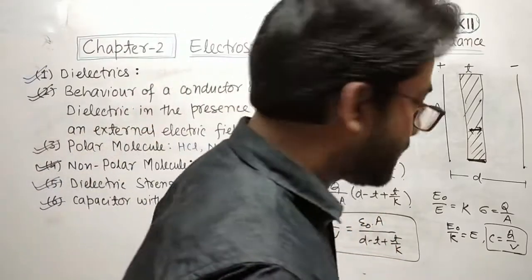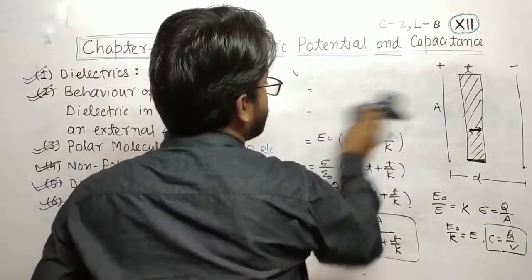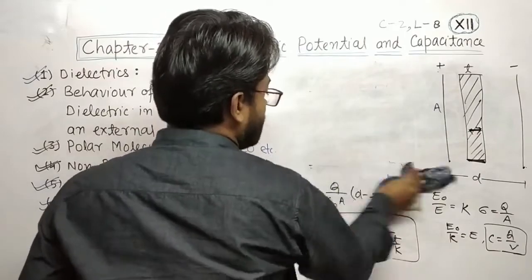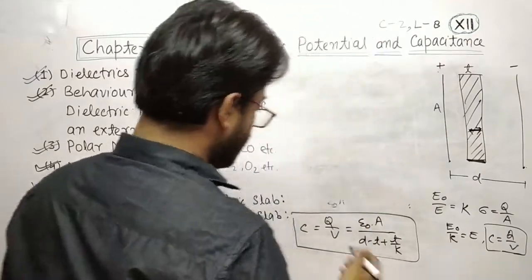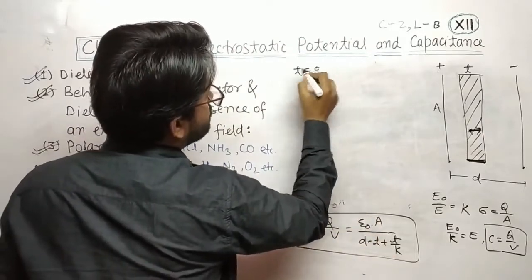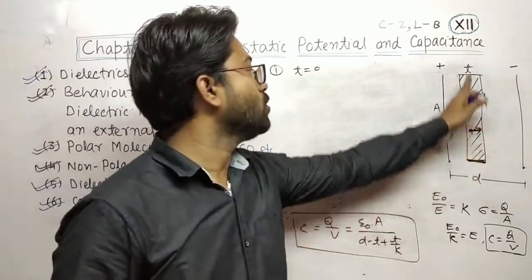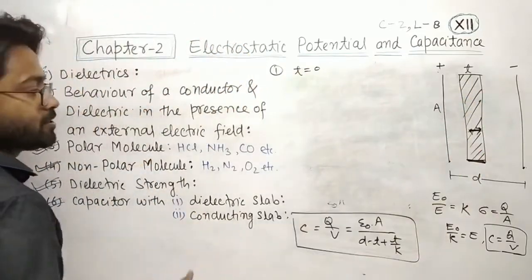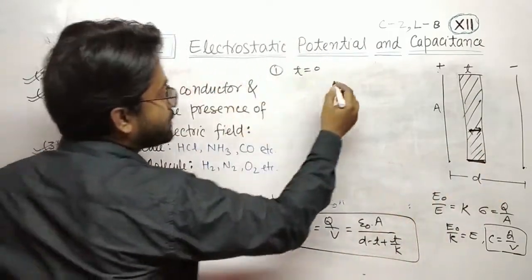There are special cases. If we take T equal to 0 first, T equal to 0 means no dielectric slab is present.